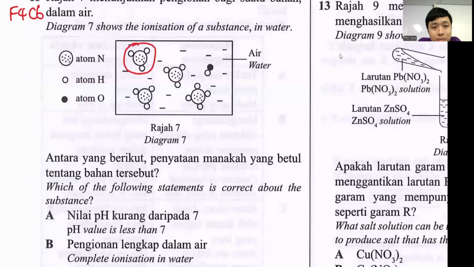If the white circle is H and this circle is N, this is NH3, ammonia.